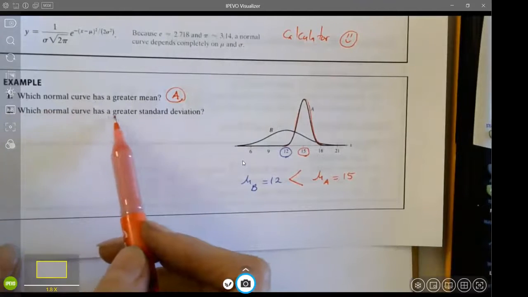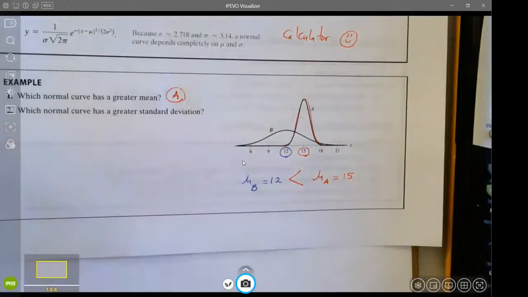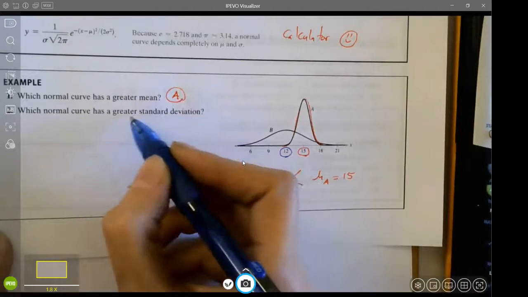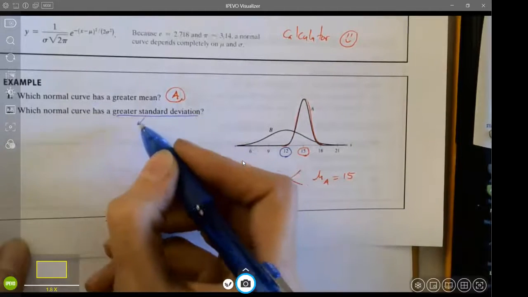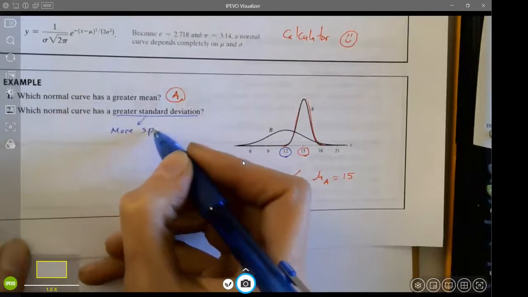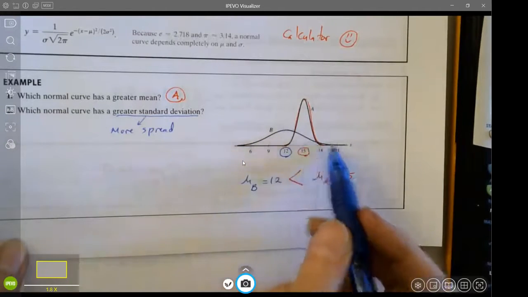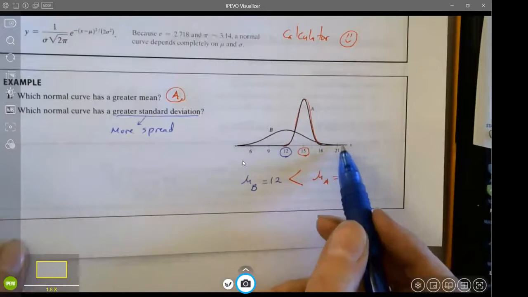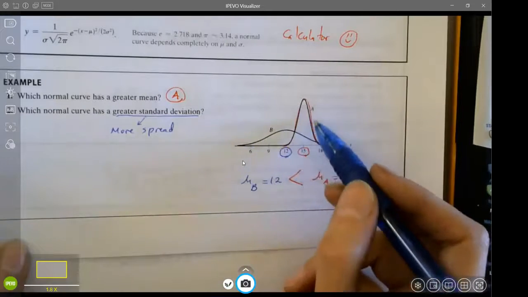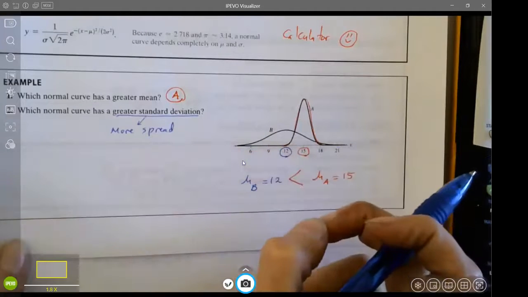Which normal curve has a greater standard deviation? So what's the meaning of that? It means which one is spread more. Greater standard deviation means more spread. Well, take a look at your curve B. Your curve B is spread along the x-axis, and it is larger than the spread of curve A on the x-axis.